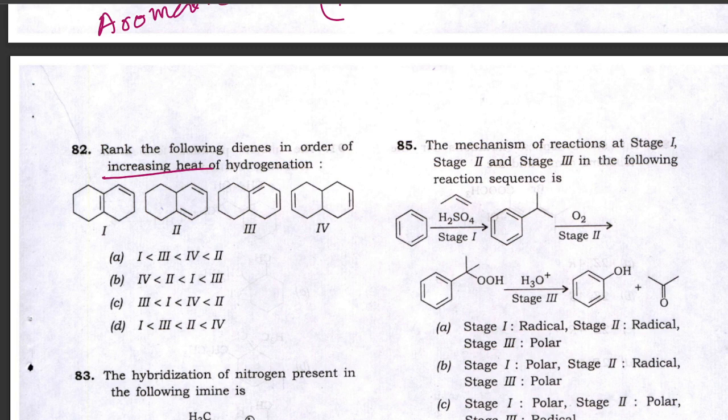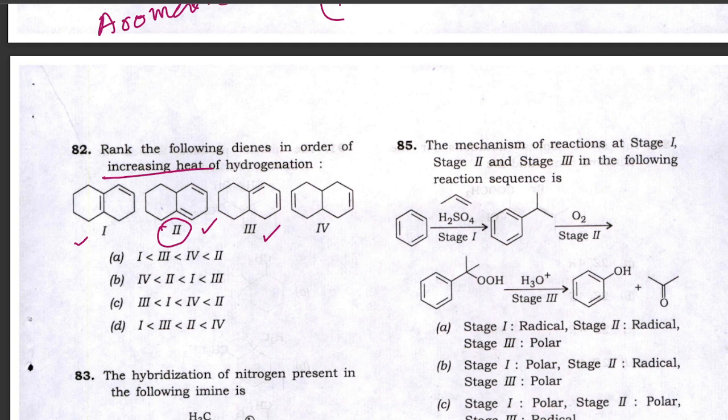Now we know that conjugated double bonds are more stable than non-conjugated ones. We can find that 3 and 1 are conjugated. Among these 2, 1 is more substituted, so definitely 1 is more stable than 3, and 2 and 4 are less stable compared to 1 and 3, but among 2 and 4, 2 is more substituted compared to 4.